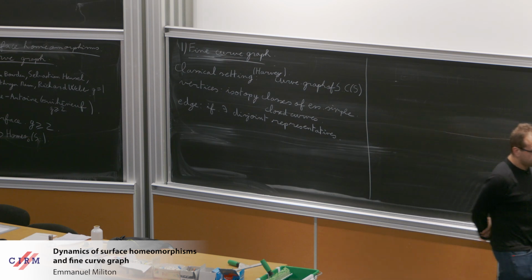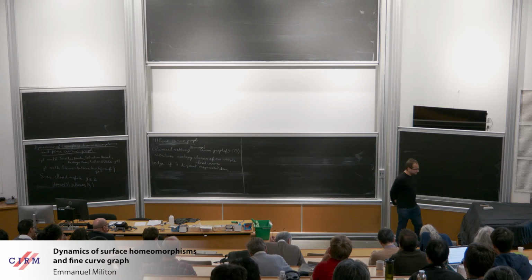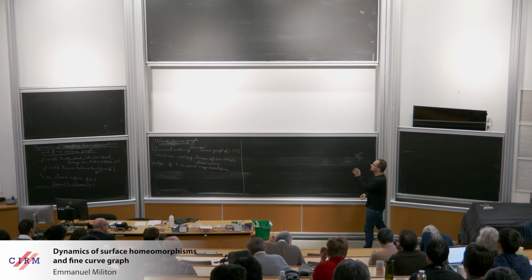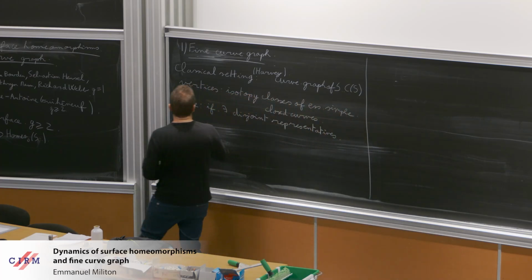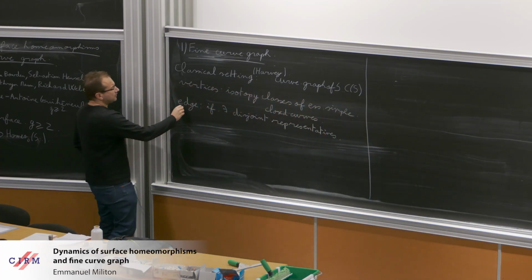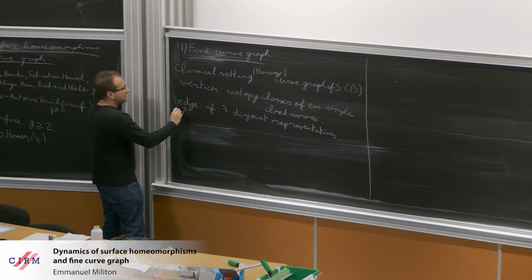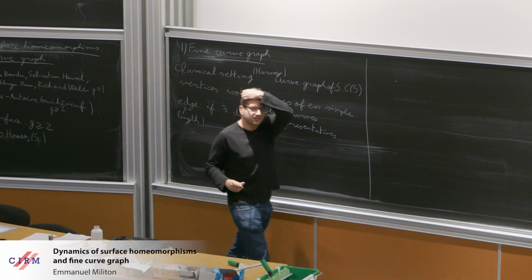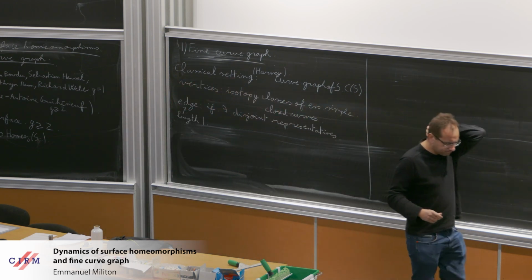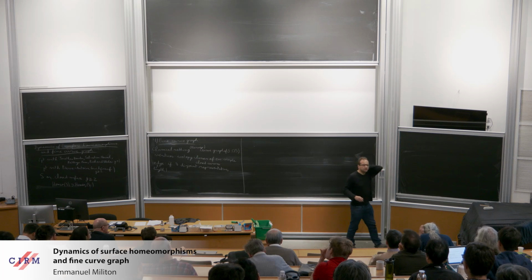Okay, so why do we care about this graph? First I want to make it into a metric space. To make it into a metric space, I set that each edge has length 1, and it turns it into a metric space. So why do we care about this object?